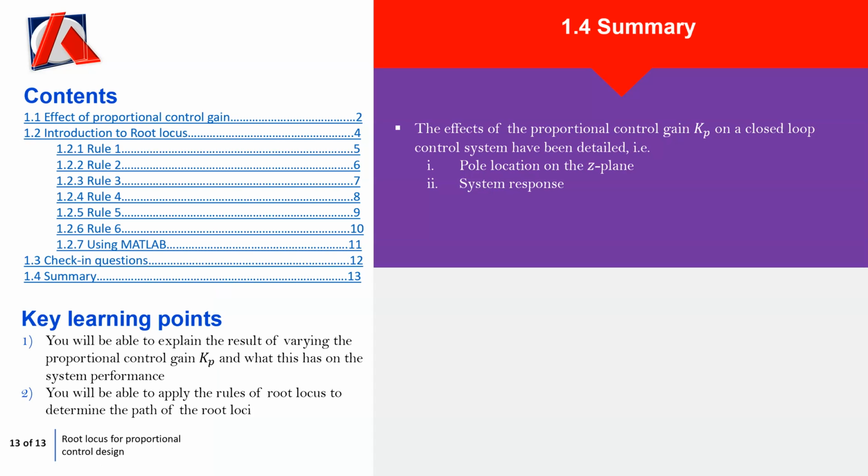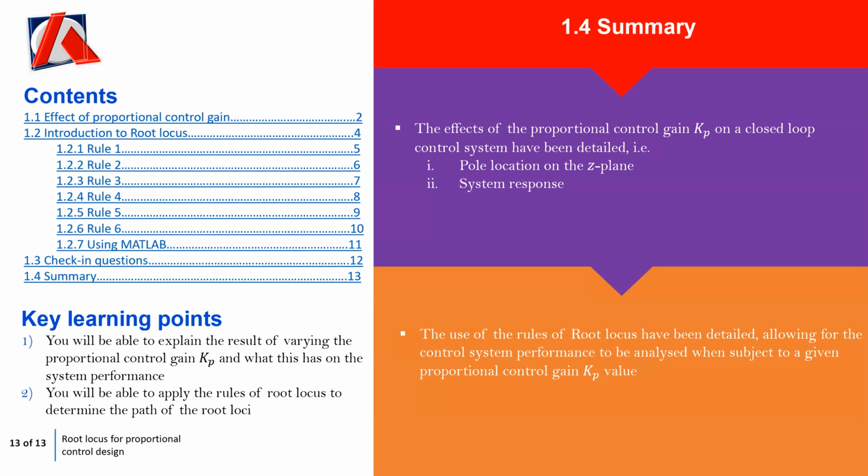In summary, I hope you've understood the effect the proportional control gain on a closed loop control system has on the system performance, including the effect on the pole location in the z-plane and on the system response. The use of the rules of root locus has been detailed, allowing the control system to be analysed when subject to a given proportional control gain value.